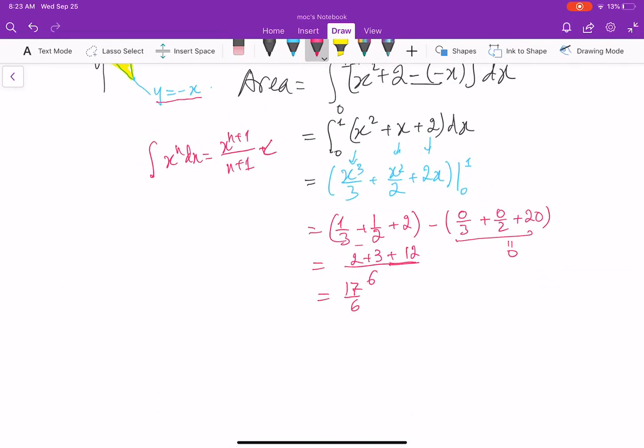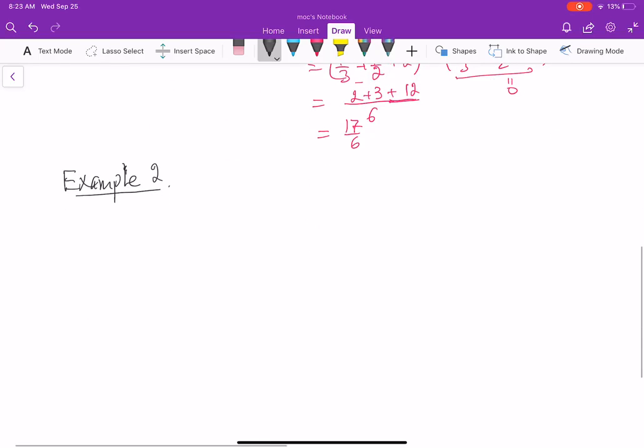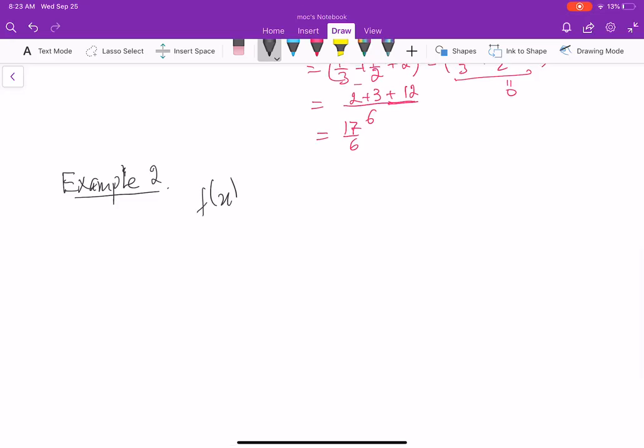Let's consider the second example. Now we have the following functions: we need to find the area of the region bounded by the graph of f of x equals 3x cubed minus x squared minus 10x, and g of x is equal to negative x squared plus 2x.